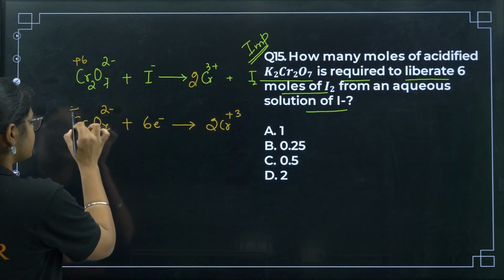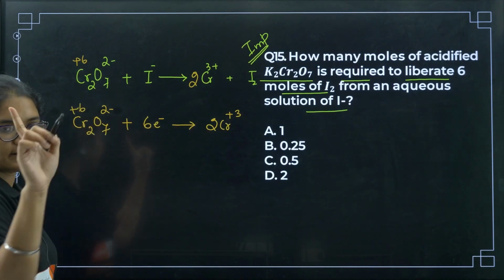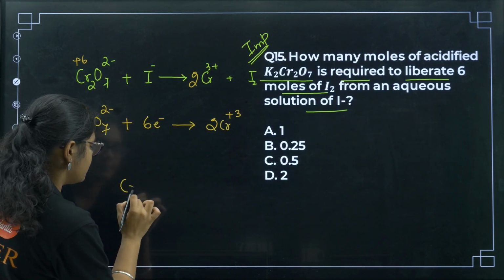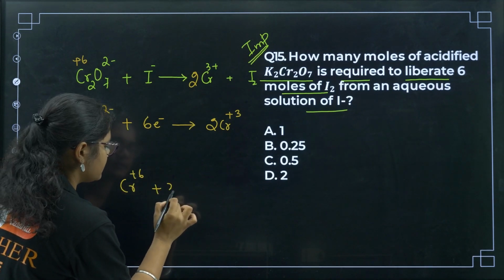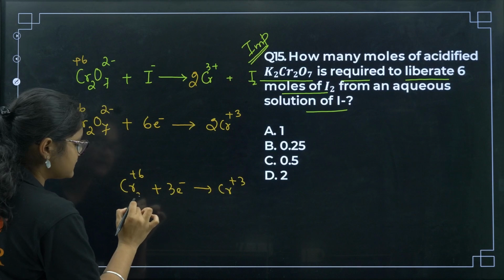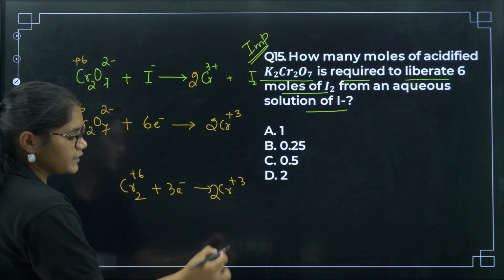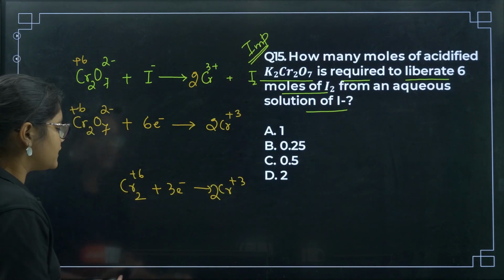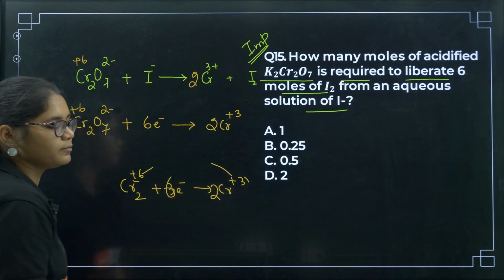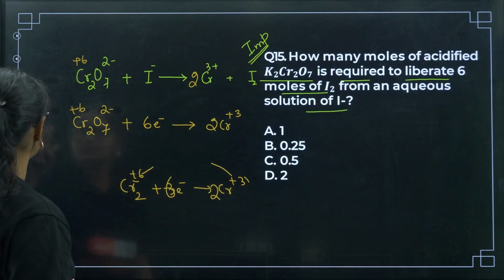Clear? +6 to +3 requires 3 electrons. If chromium is in +6 state and I get 3 electrons, I will get chromium +3. But here Cr2 has 2 chromiums, so that side also has 2 chromiums. For 1 chromium, 3 electrons are required; for 2 chromiums, it will be 6. So that is what I wrote here.